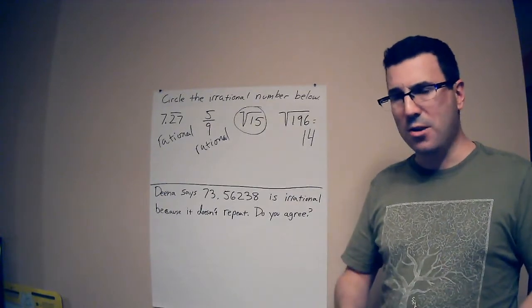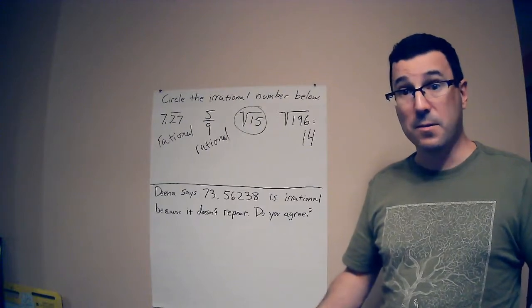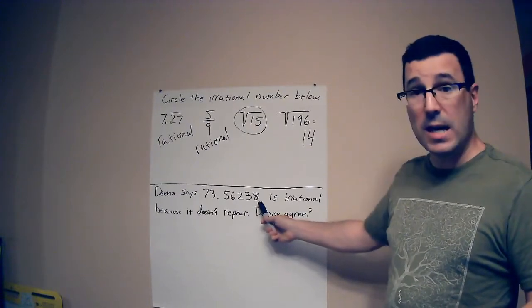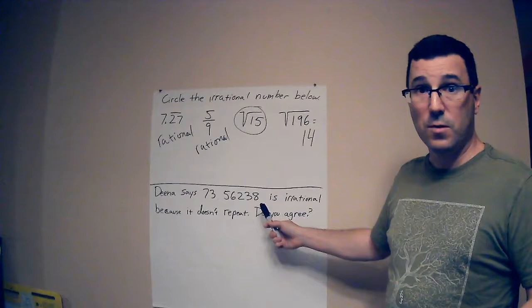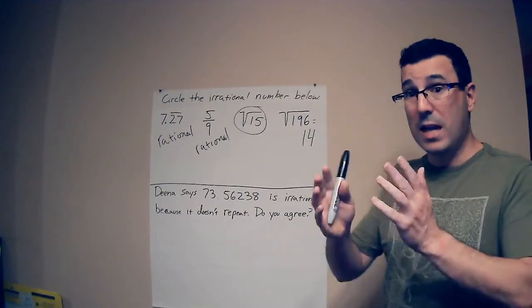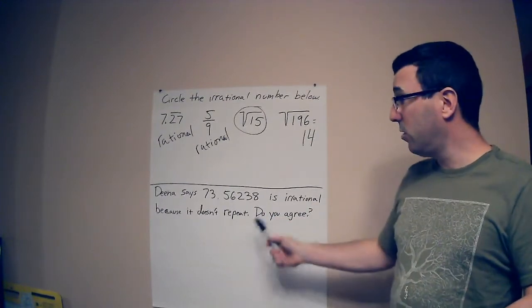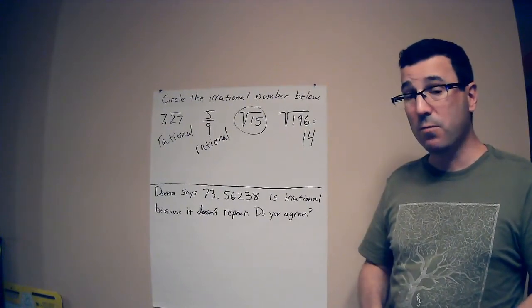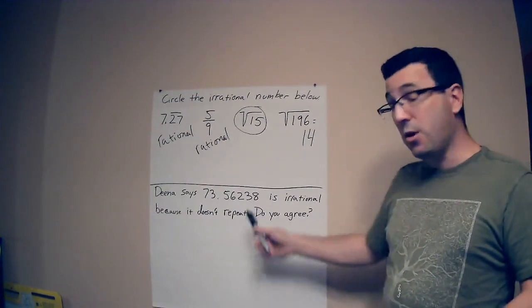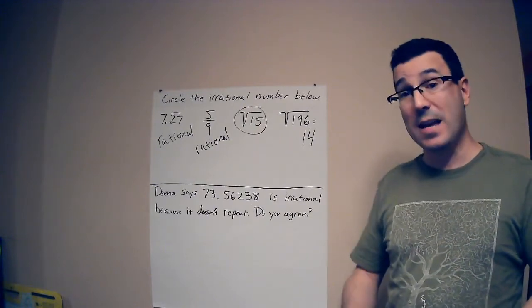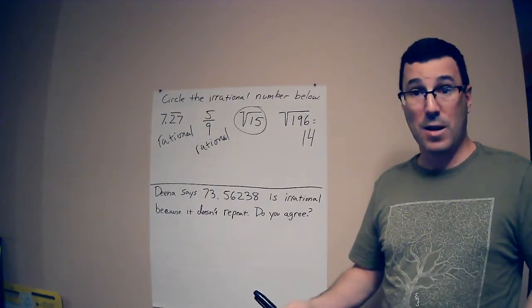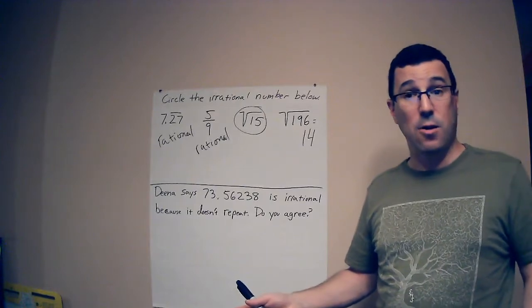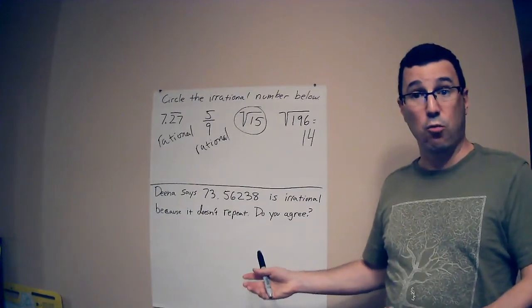And terminate is just a fancy word for it ends. I don't see any dots after this. So that tells me that this number ends. So Dina is incorrect. This is a rational number because it has a terminating decimal. And that's it. That's how I know that that's a rational number.